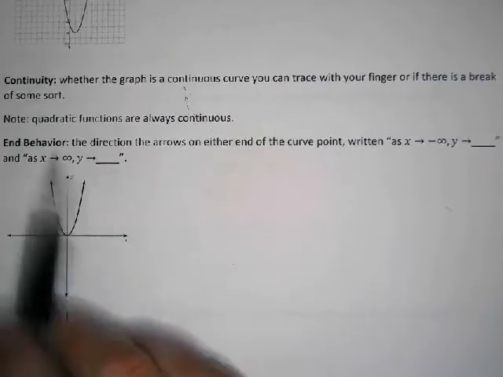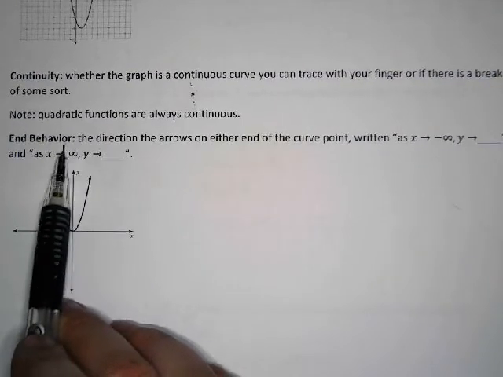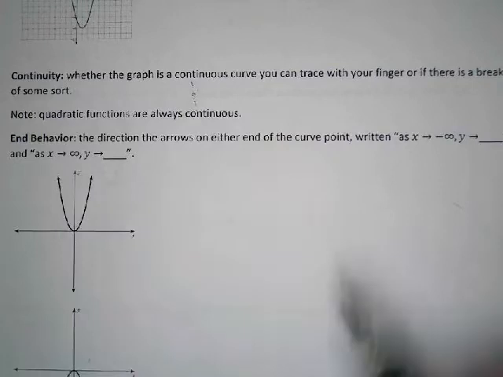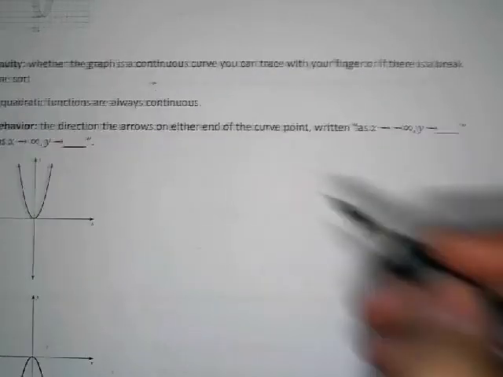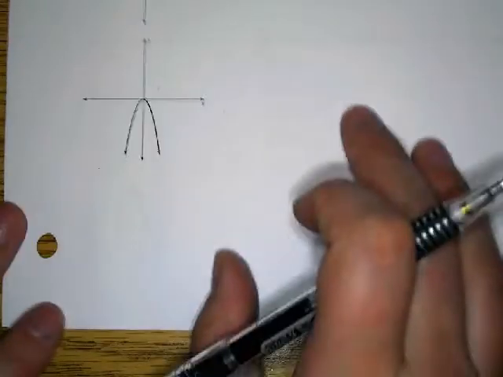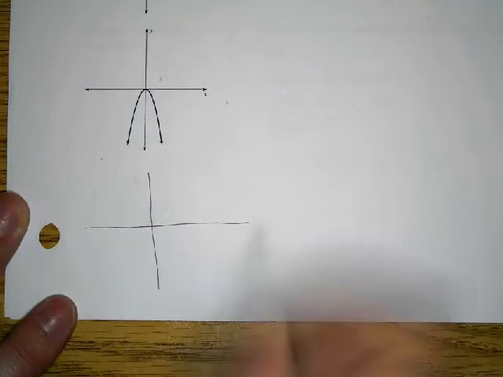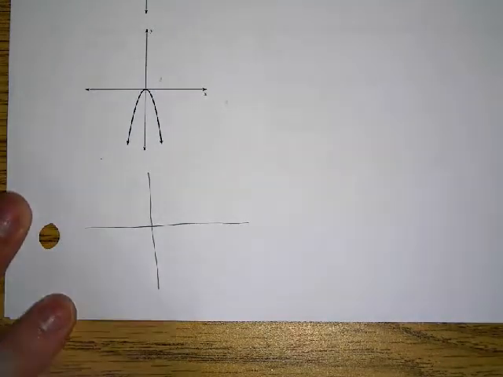End behavior is just talking about the arrows. So I'm going to remind you of something. I'm going to draw it down at the bottom here. I'm going to do this in two different colors. So we have x.